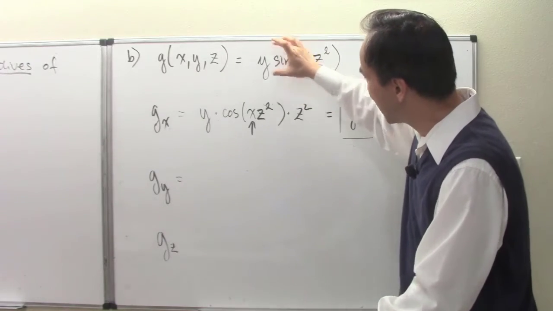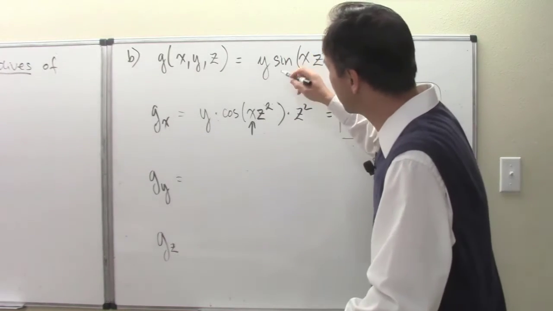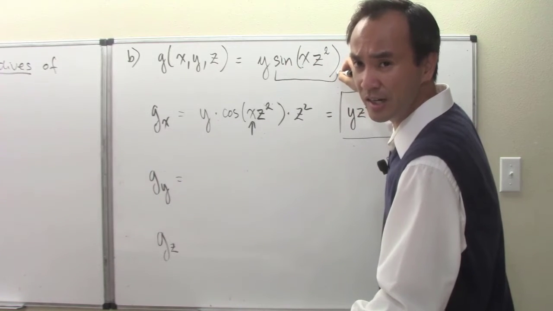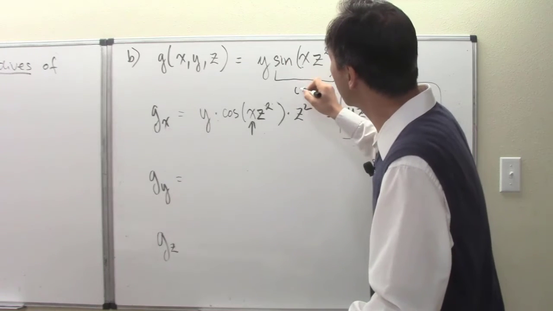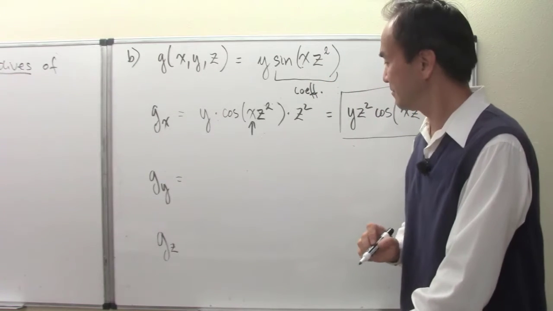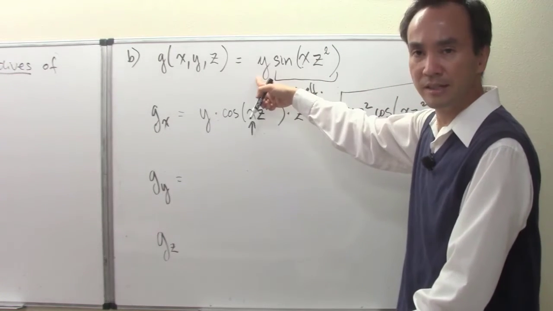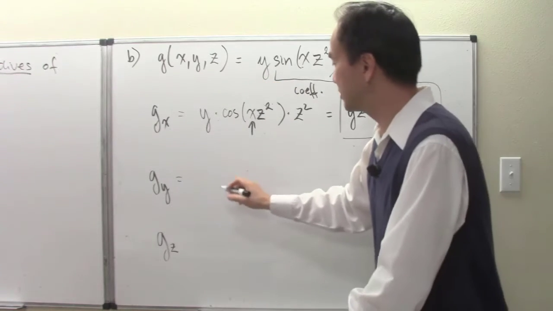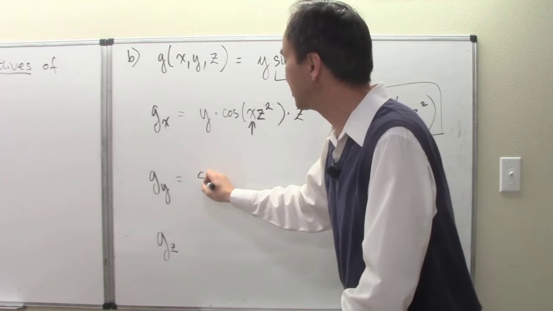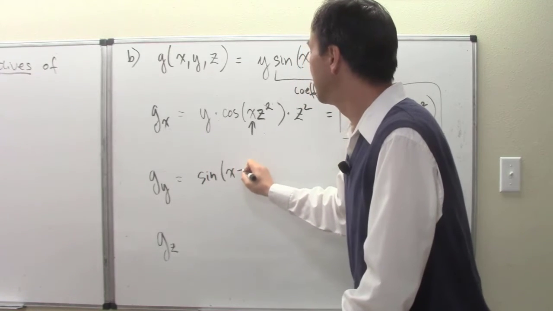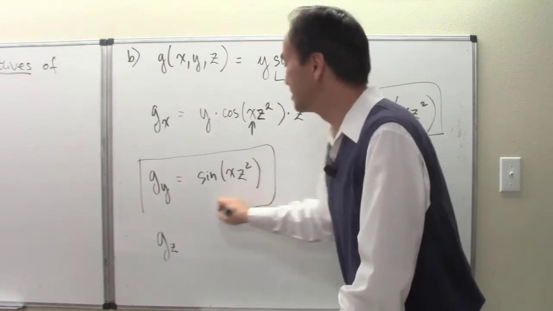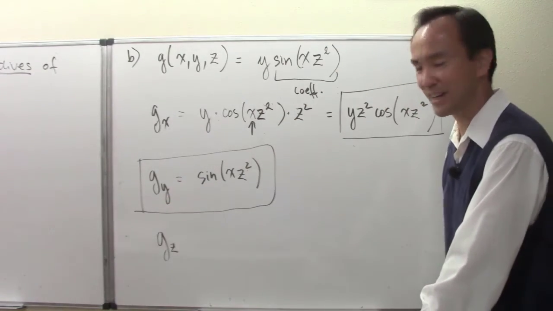So the entire sine of x z squared here, believe it or not, can be regarded as one huge chunk of a coefficient. And so in that way, the variable we have is y. So the power 1 is multiplied down, and reduce the power by 1. We got just simply sine of x z squared. We are done with g sub y. That's how simple that is.